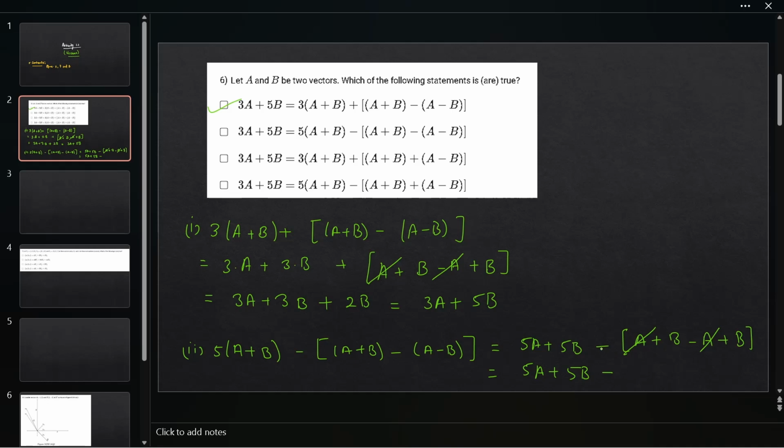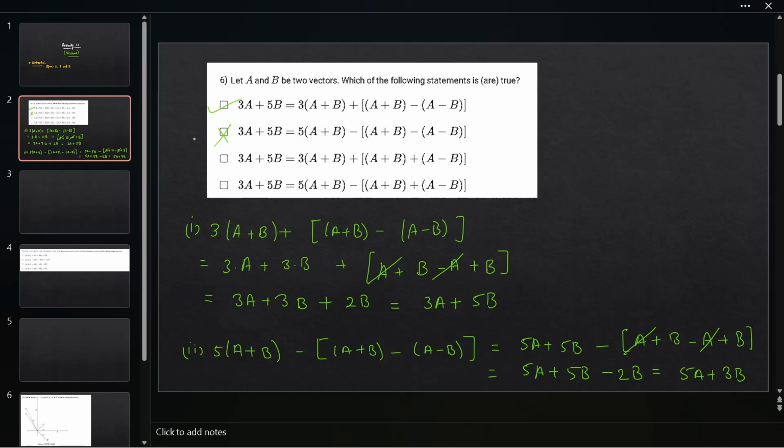We have a minus sign here as well, so it would become minus 2B. So overall, this would become 5A plus 3B. So 5A plus 3B is the correct simplification of the expression, and in the option we are given 3A plus 5B, which is incorrect.